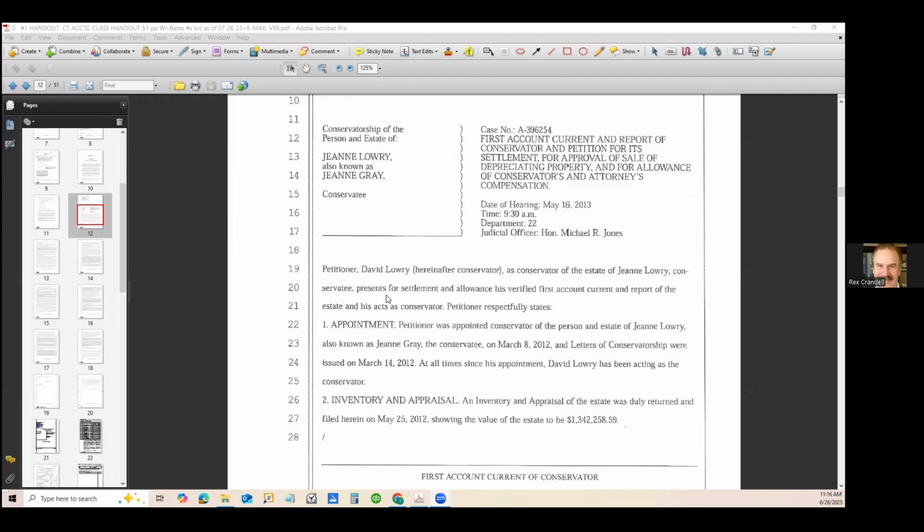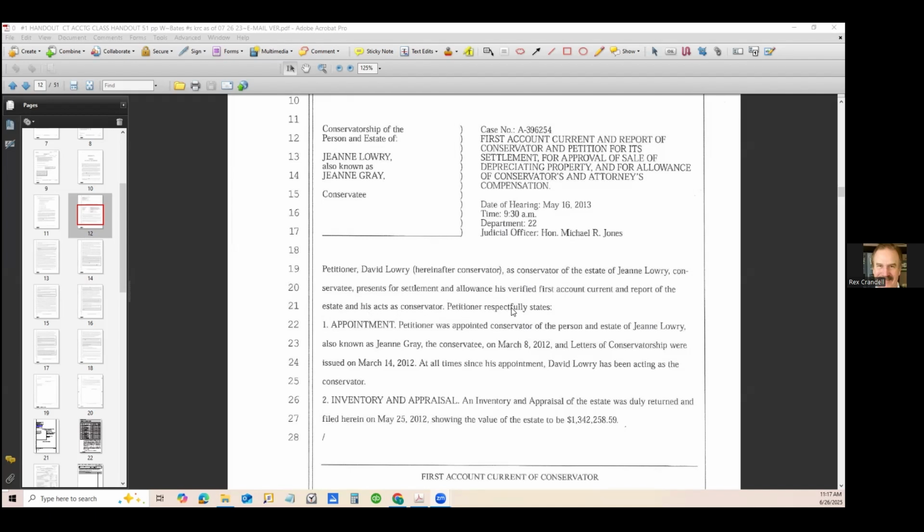And what I do is I present for settlement and allowance his or her, and then verified, and then I copy the name of my caption, and that goes all down here. I don't do it like they do it here. I recopy this caption after I say verified so that they know.